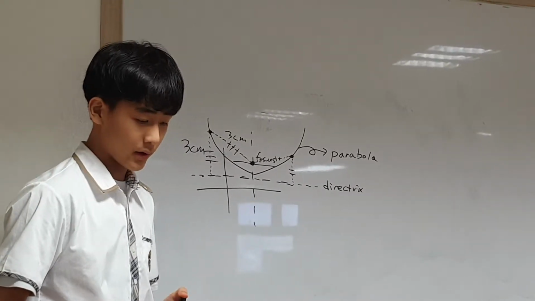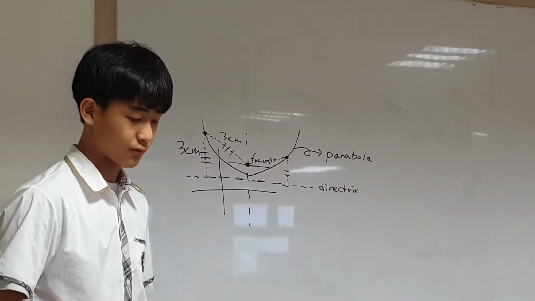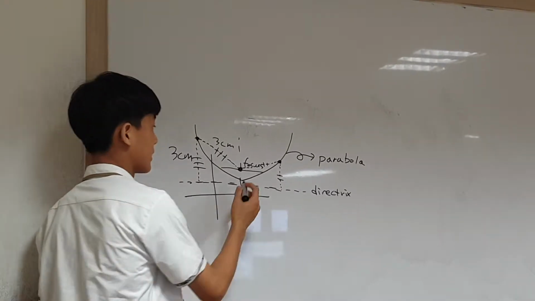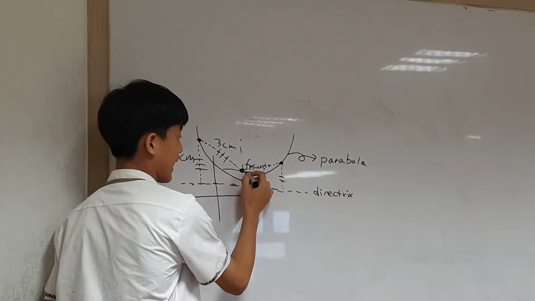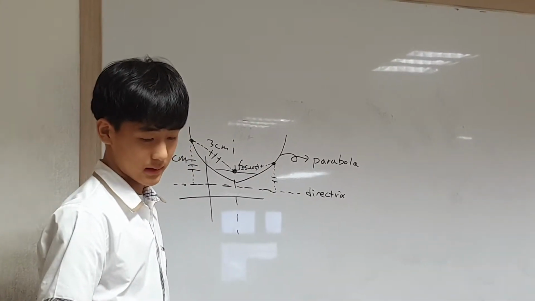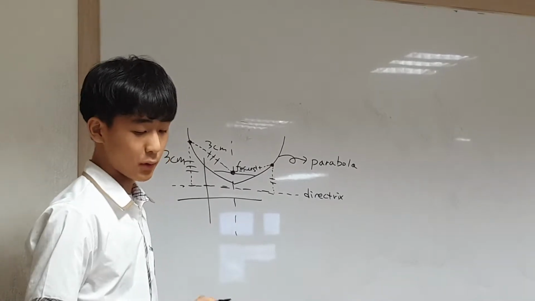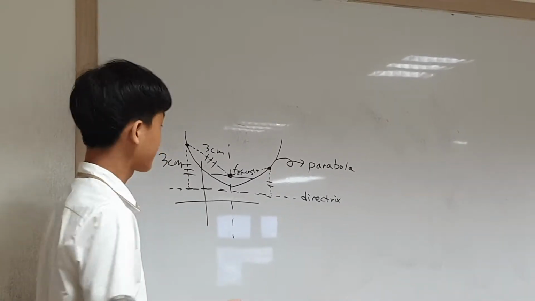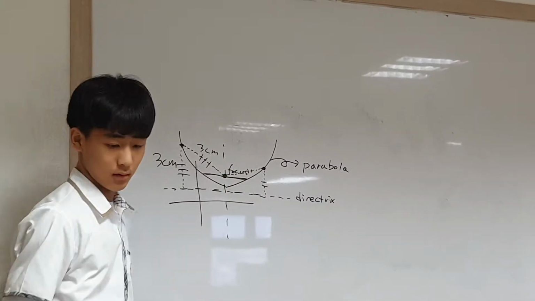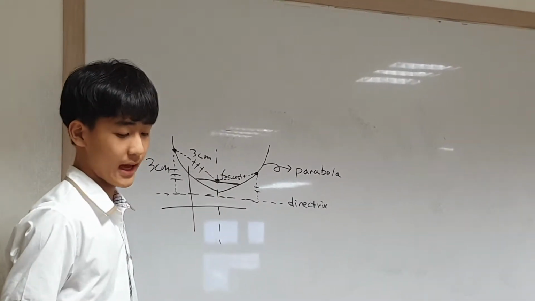Another concept is the latus rectum. It's the line segment through the focus of a parabola, perpendicular to the axis of symmetry.